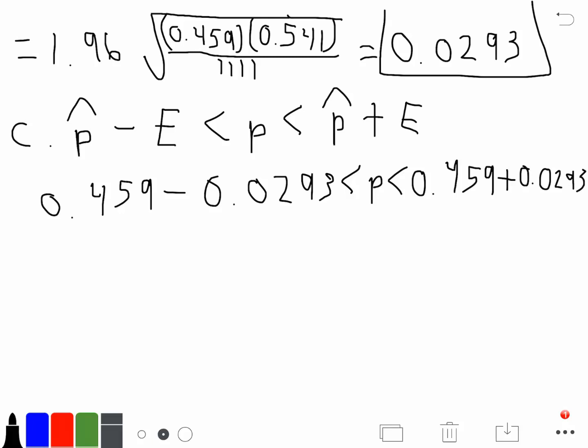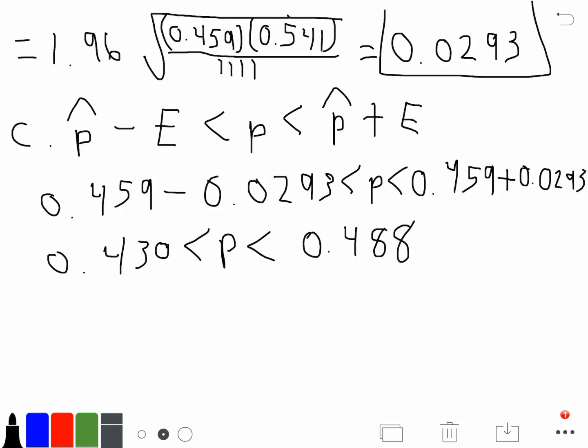When we plug this into the calculator, we get that 0.430 is less than P, which is less than 0.488. And I'm going to let you answer part D by yourself on your homework.